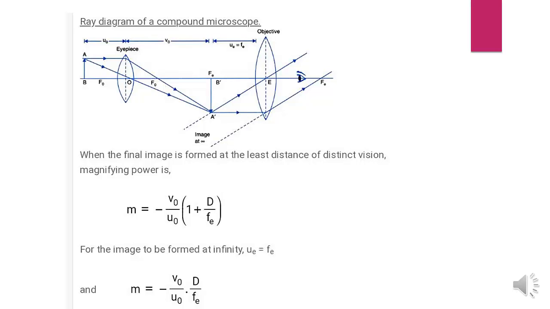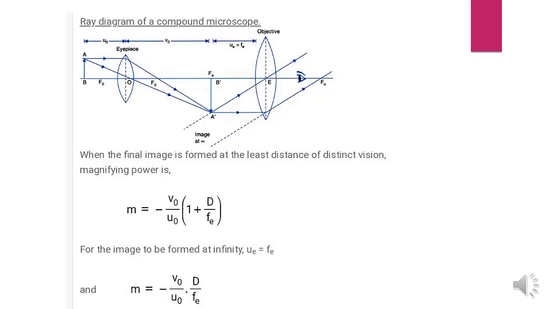Next, if the final image is formed at the least distance of distinct vision, what will be the formula for magnification? If we are using a combination of lenses, how will the magnification be? Multiplying the magnifying powers, we get the total magnifying power of the combined lens.